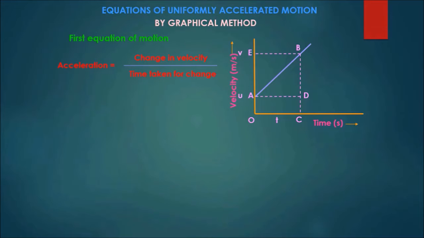Acceleration is change in velocity by time taken. You can write it as A is equal to BD by AD, which is the slope of the graph, giving you uniform acceleration. A can be also written as AE by OC.